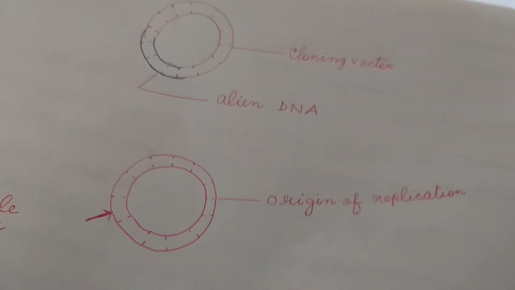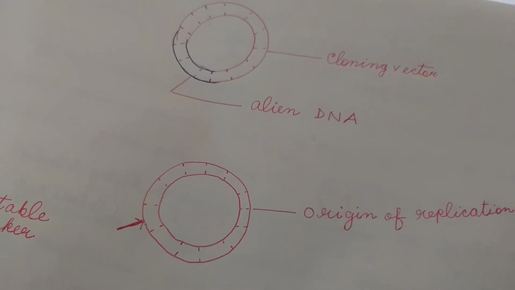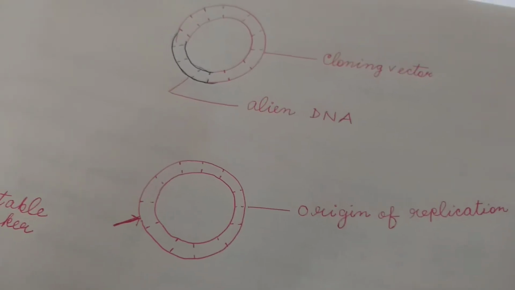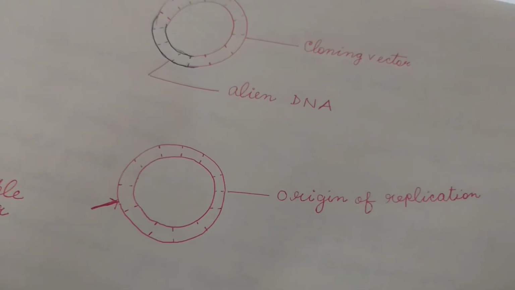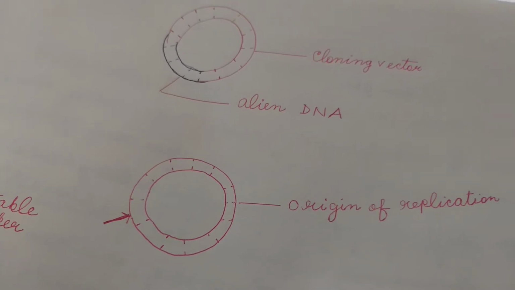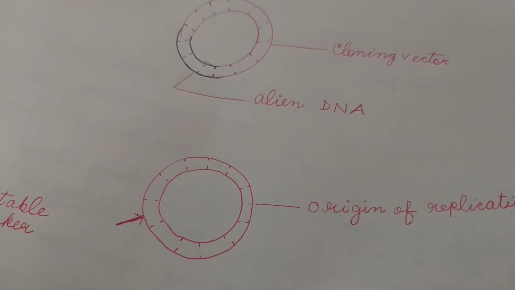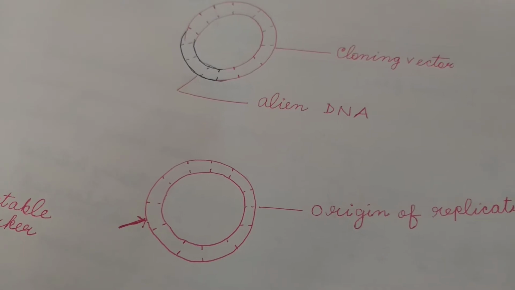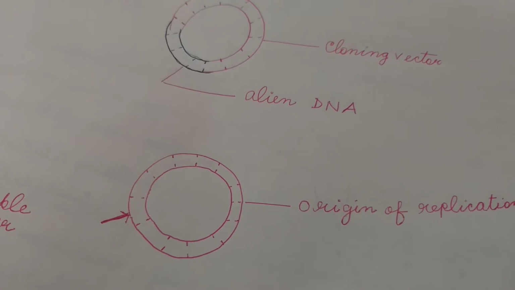Origin of replication controls the copy number of the alien DNA. That is why if we want to obtain many copies of the alien DNA or the target DNA, the alien DNA must be linked to that cloning vector whose origin of replication supports a very high copy number.